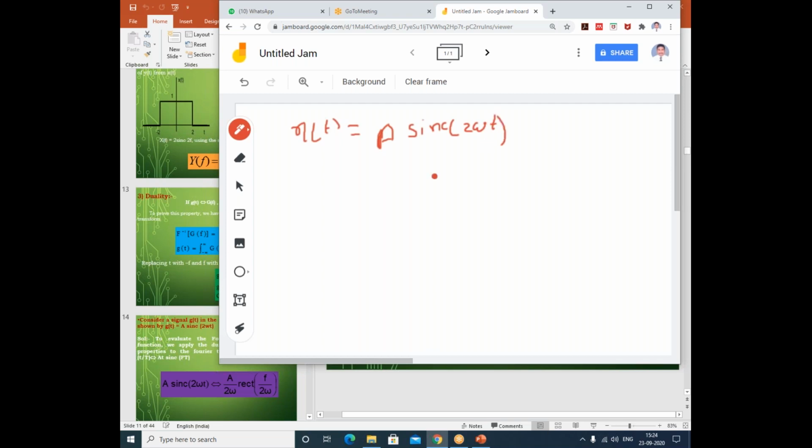This is the given problem. But we don't know how to find the Fourier transform of A sinc 2 omega t. But we know the Fourier transform of A rect t by capital T, which you can write as AT sinc ft. This is what we know.